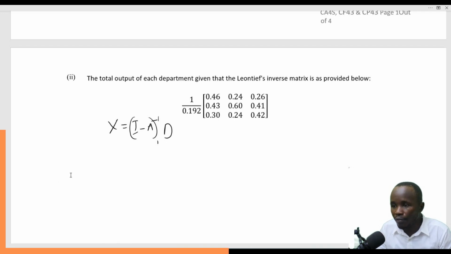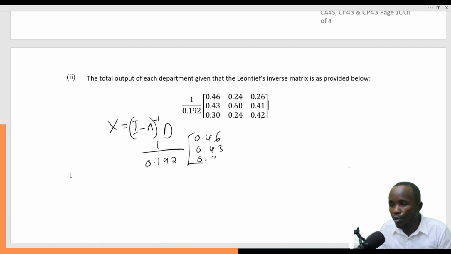So we are going to have 1 over 0.192. I copy down the matrix: 0.46, 0.43, 0.30, 0.24, 0.60, 0.24, 0.26, 0.41, 0.42.